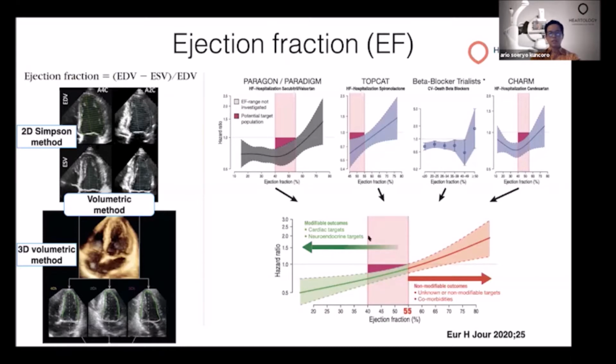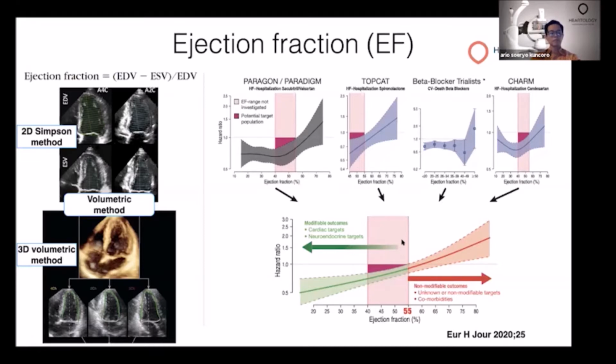I just wanted to show you these big studies evaluating LV function as one of the endpoints or targets of treatment, and almost all of these studies set cutoff points of 52 to 55% as normal LV function. So below that number, it is considered a reduced ejection fraction or reduced LV systolic function.